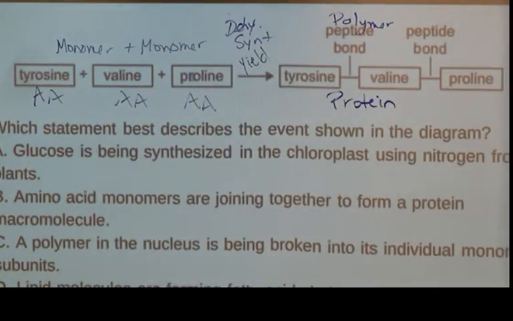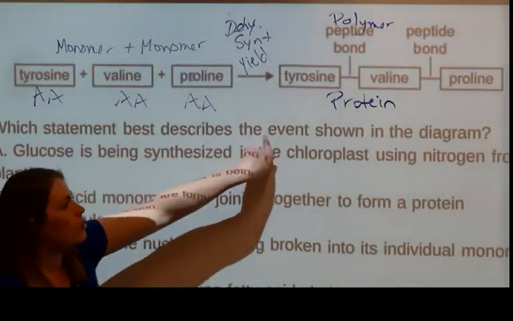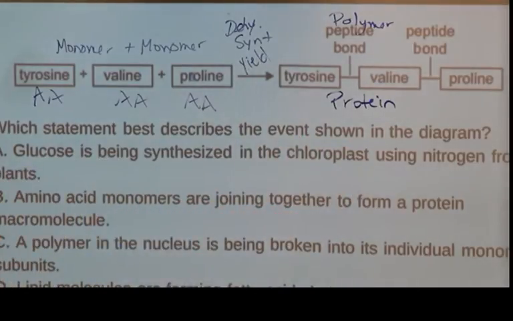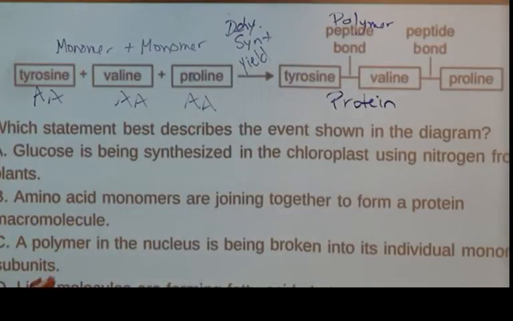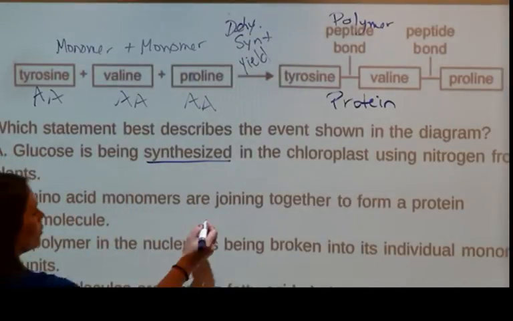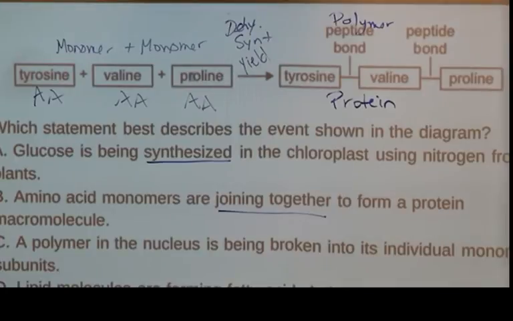So now look, that's what the statement says. What statement best describes the event shown in the diagram? Now we're synthesizing something, we're making something. You just told me it's dehydration synthesis. So immediately I'm going down and seeing synthesize, I'm seeing joining together, I'm seeing broken, and I'm seeing forming.